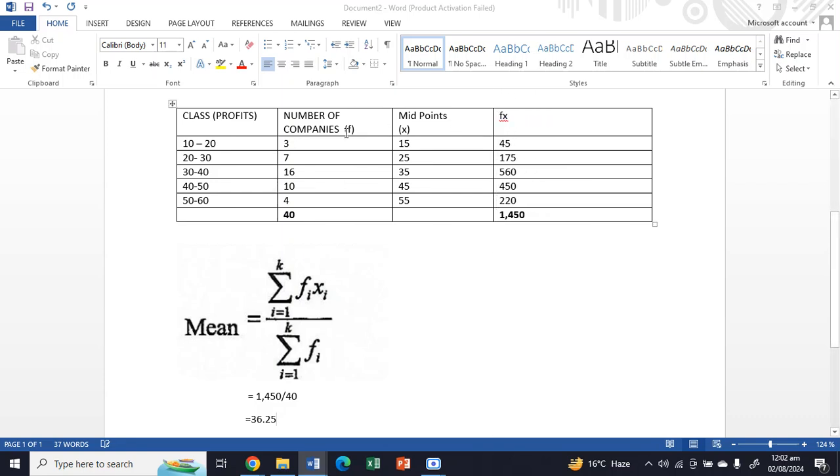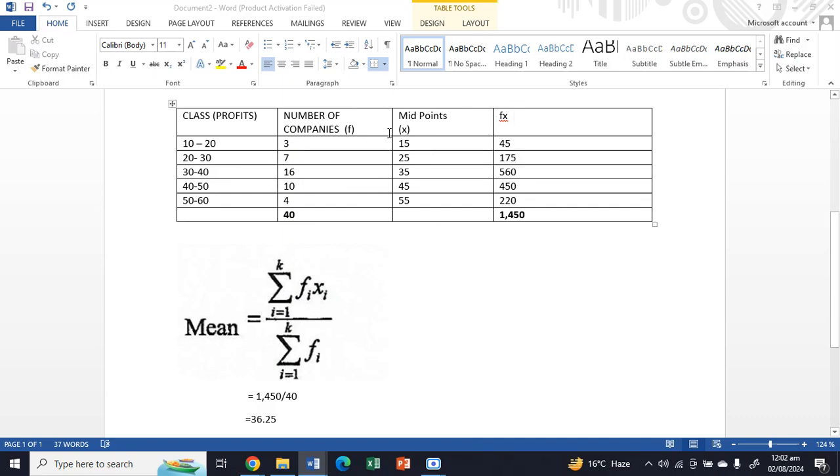fx is multiplying the frequency by the midpoint. So we're saying 3 times 15, 45. 7 times 25, 175.